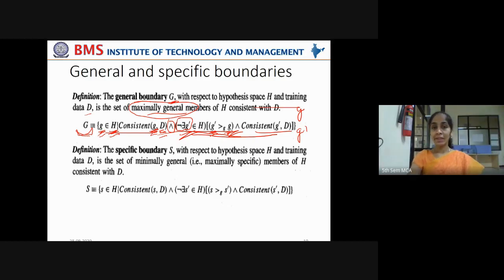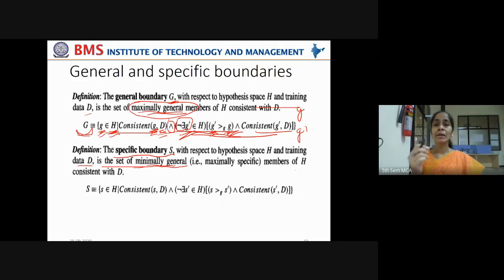Now let us see the opposite of this, contrary to this. Contrary means the definition is opposite. The specific boundary S with respect to hypothesis space H and training data D, same till here. Now, what is the specific boundary defined as? It is the set of minimally general. Here it is maximally general, here it is minimally general. Minimally general means maximally specific.